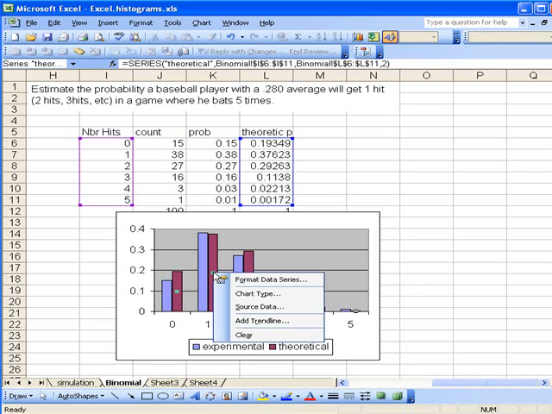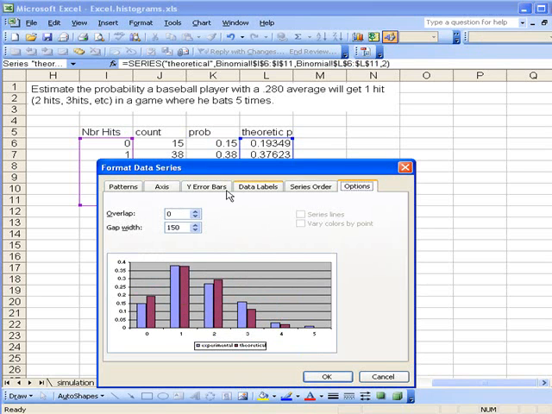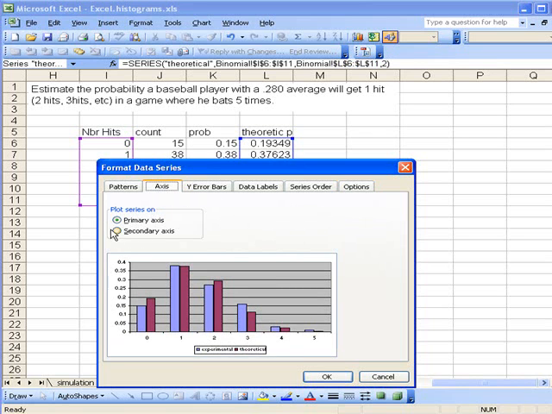So let's right-click on a column associated with one of the theoretical items. Go to Format Data Series, and we want to look under the Axis tab here. Both are now on the primary axis, but we can make a choice.